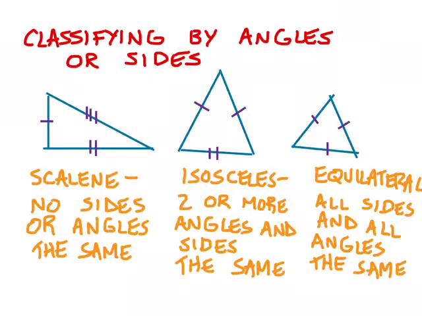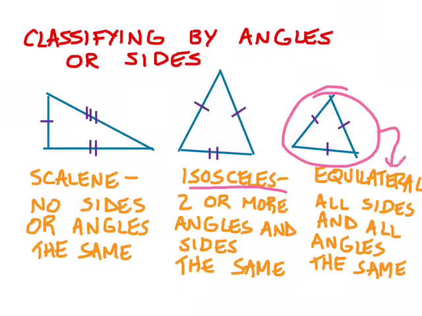Now there's an interesting, like we said a second ago, definition issue here, because an isosceles triangle has the definition of two or more angles and sides the same, which actually includes equilateral triangles. So if I look at this triangle here on the right, it is both equilateral, because it has all sides and all angles the same, and isosceles, because it has two or more angles and sides the same.